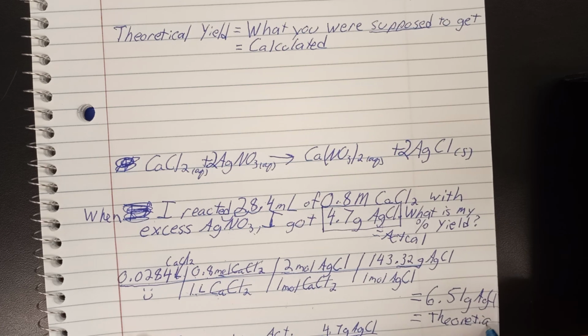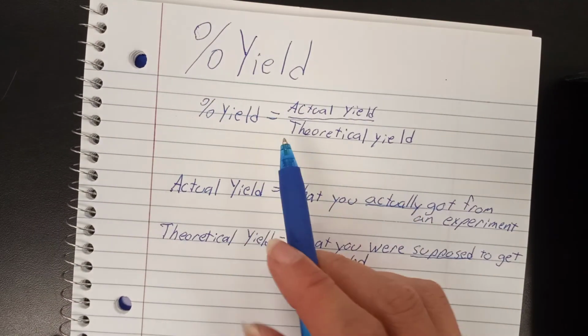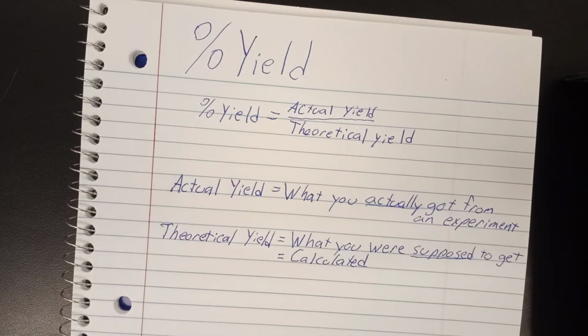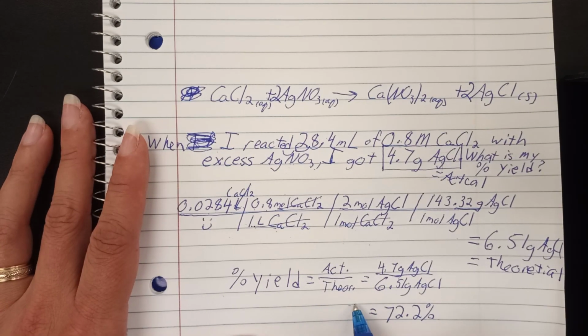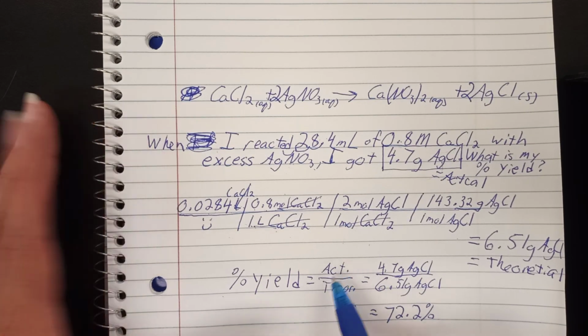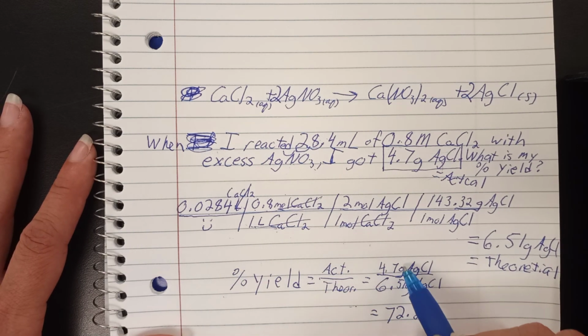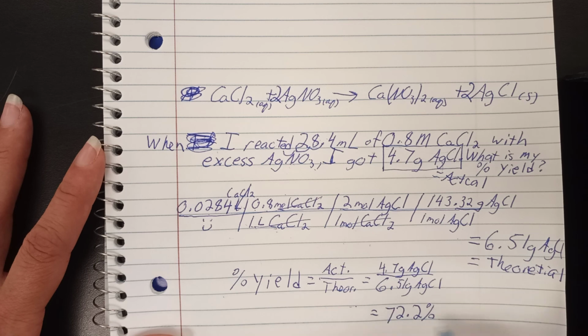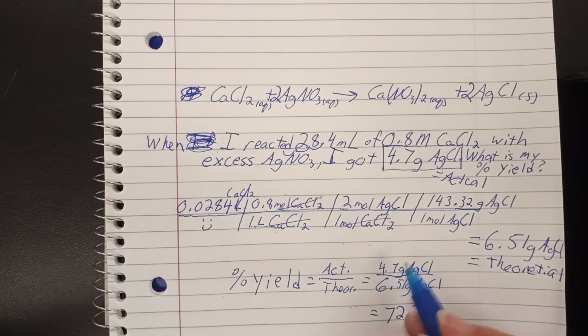So now all I have to do is this, right? But you guys know me well enough that we can't just start shoving things in. So write out your equation with words first. You can abbreviate, that's fine. We put our numbers in here, and then I get 72.2%. Now, you're not going to get 72.2 when you put these numbers in your calculator.